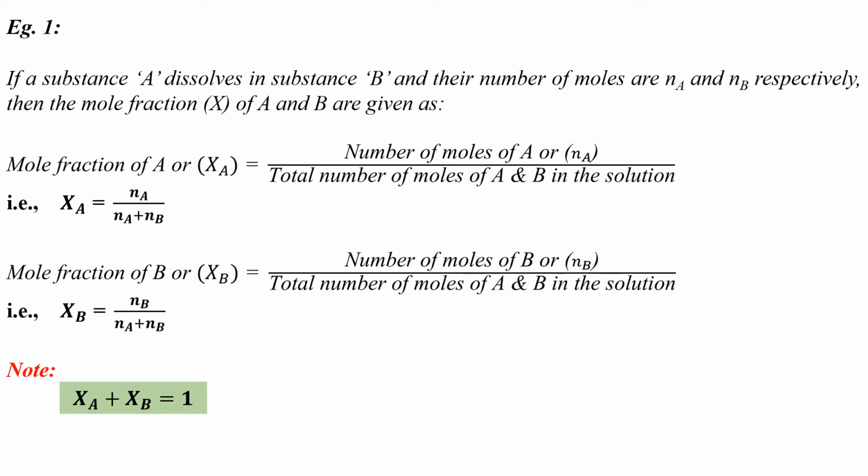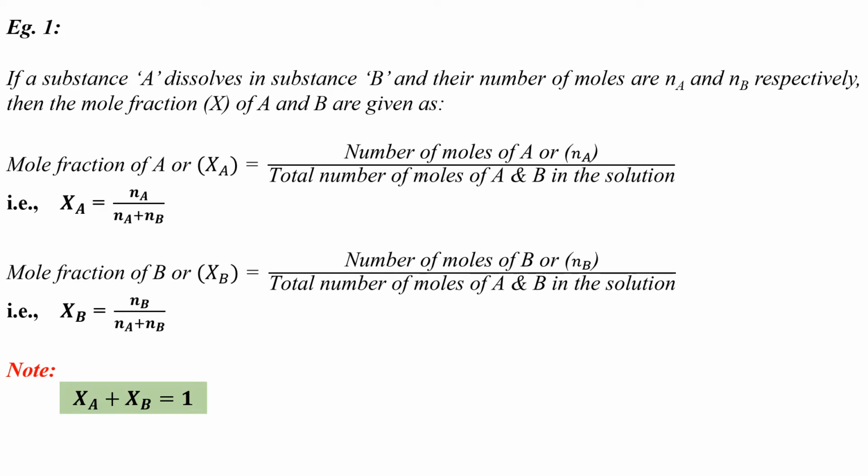Children, let's try to understand how to perform calculations related to mole fraction using this example. If a substance A dissolves in substance B and their number of moles are Na and Nb respectively, then the mole fraction X of A and B are given as follows.